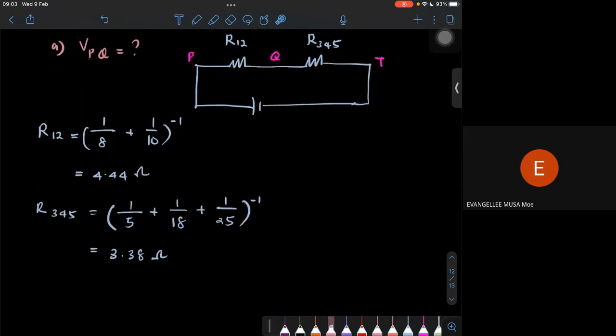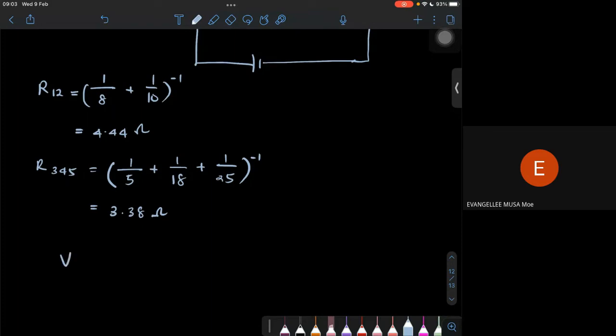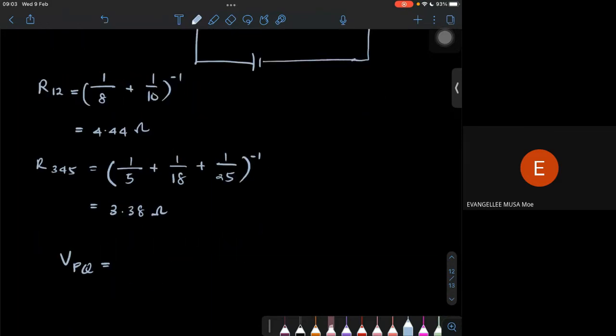So using the potential divider formula, here will be R12 divided by total times with the power supply here. What was it? 40 volt.